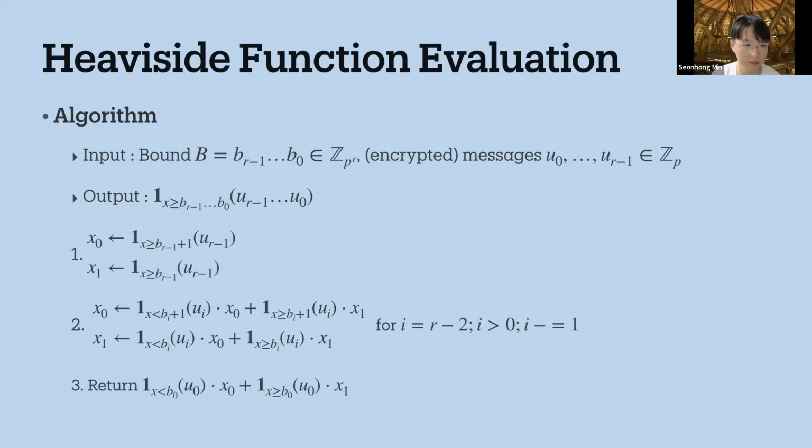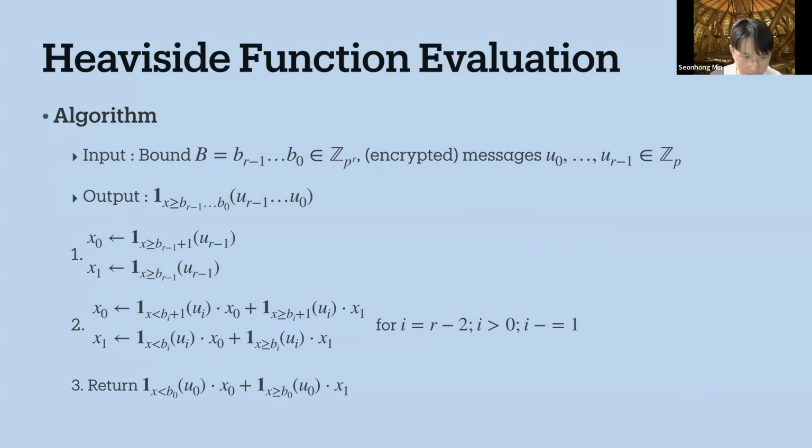If you see the algorithm, we have the bound B as an input and encrypted messages U0 to U_{r-1}. Firstly, we assign those values to x0 and x1.